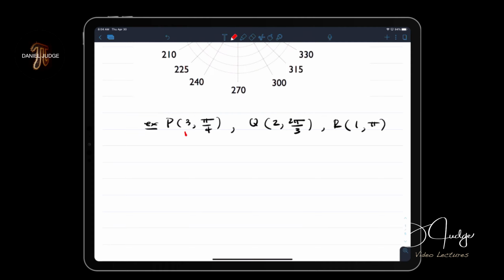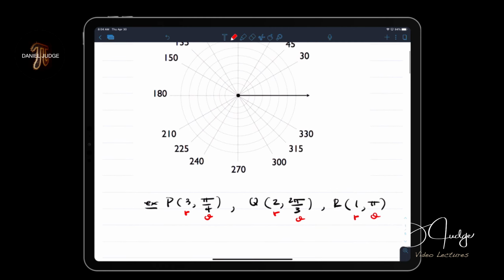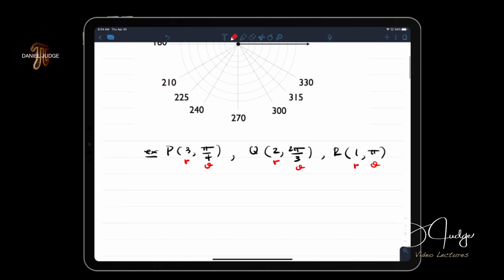Right? You have a radius value. That's the first number. You have the central angle. That's the second number. And of course, it's in radians. So for point P, we need 3 pi over 4. Pi over 4, do you guys remember, is actually 45 degrees, right?